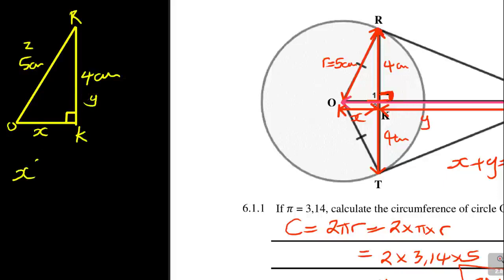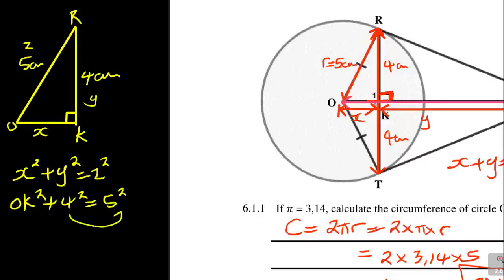X squared plus Y squared is equal to Z squared. Now, X squared, which is what we want, OK squared, plus Y squared, which is 4 squared, is equal to Z squared, which is 5 squared.